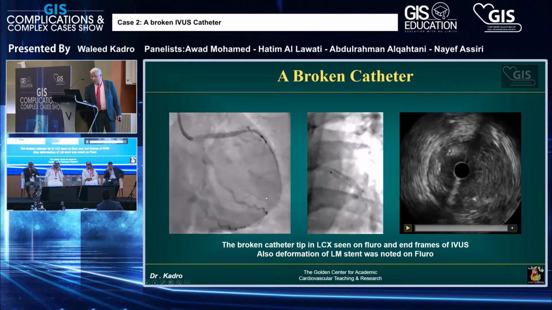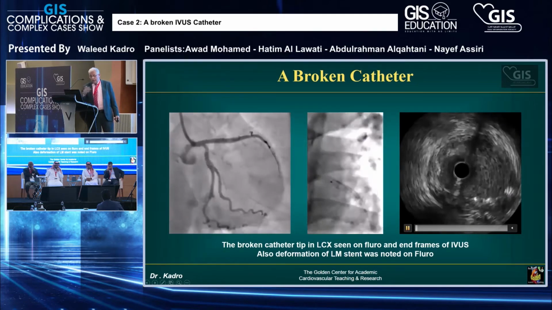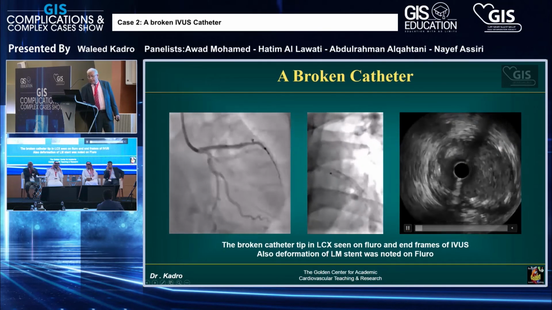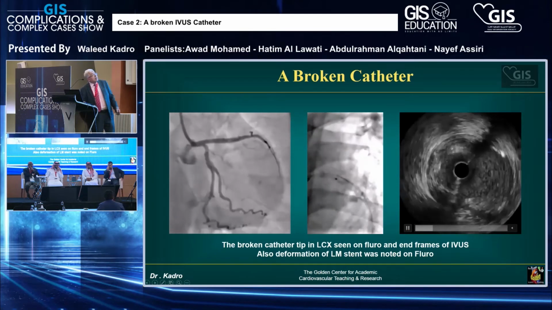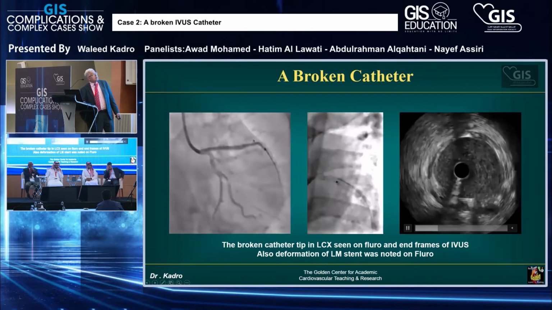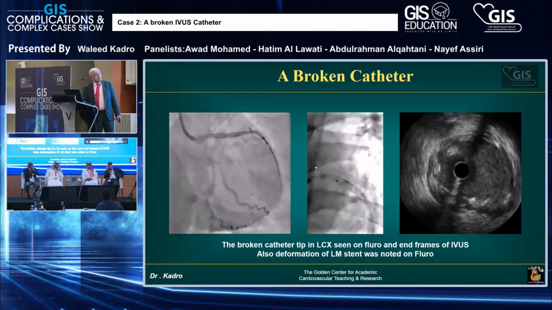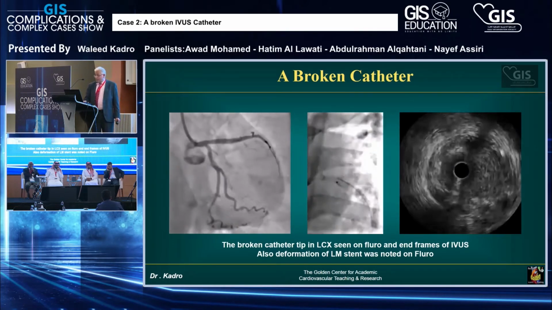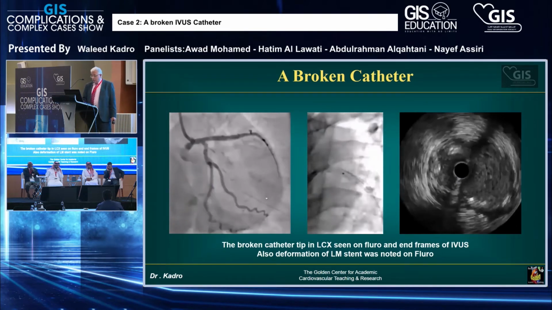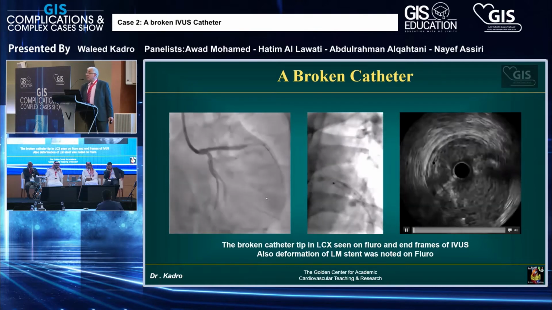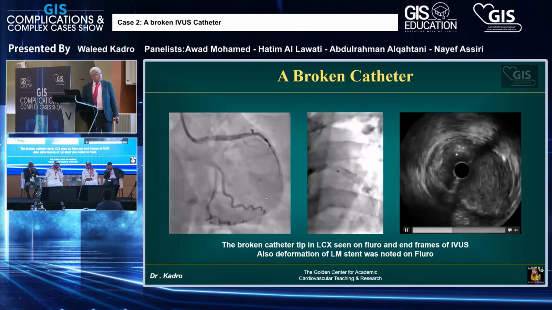And this is also after reviewing the IVUS, you see that here at around 11, you see that area. This is the tip of the broken catheter that we were able to catch. So this is what happened. Let me stop here and ask for some opinion before we go.